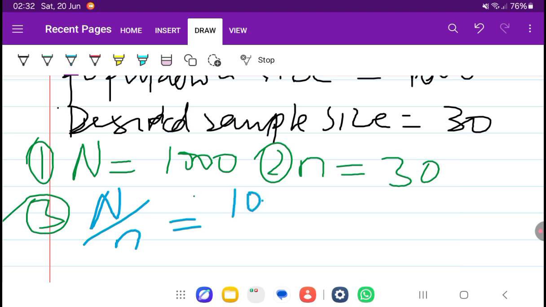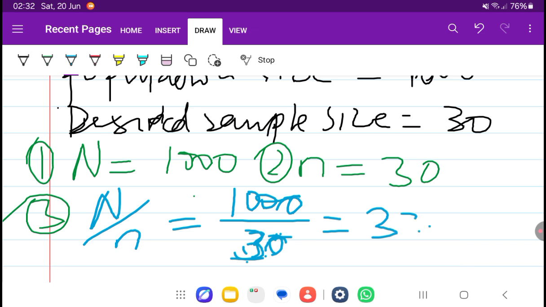So we get 1000 divided by 30. And this will give you 33.333. So we said you round downwards to the nearest integer. What will be the nearest integer here? It will be 33.